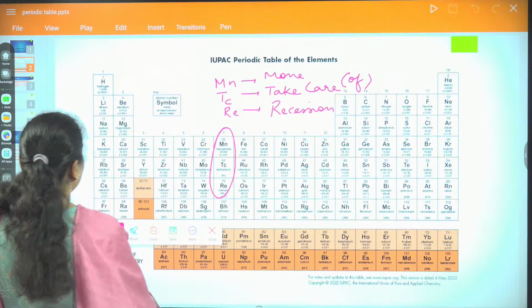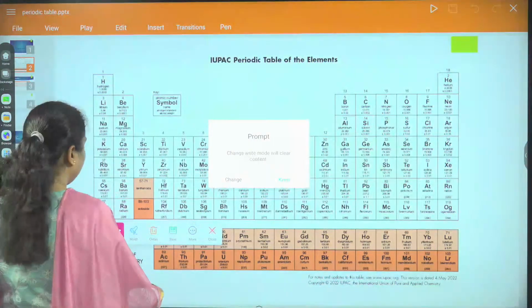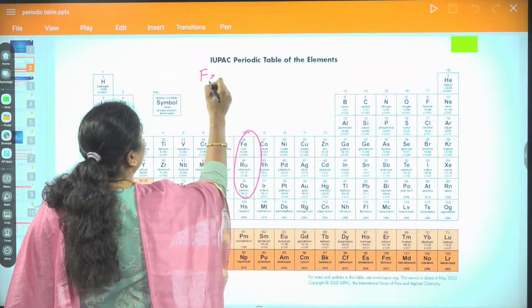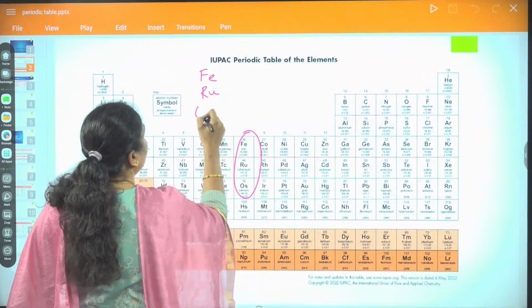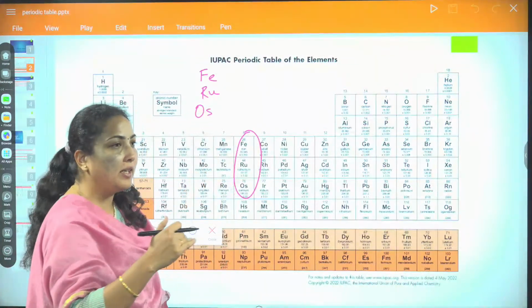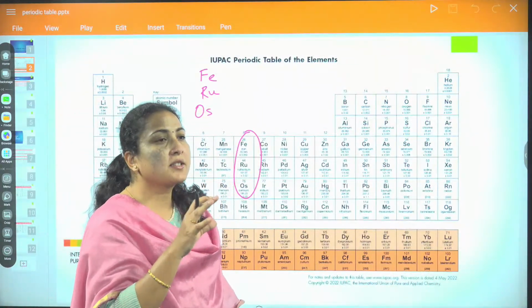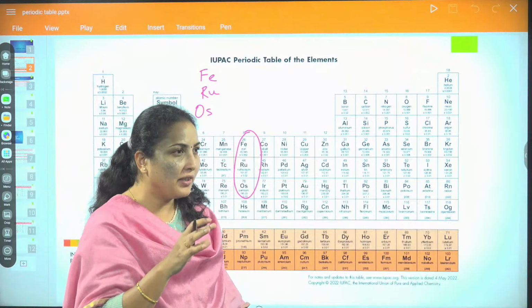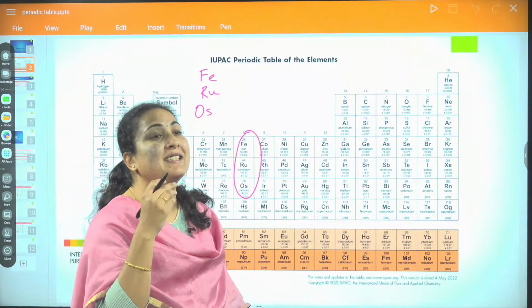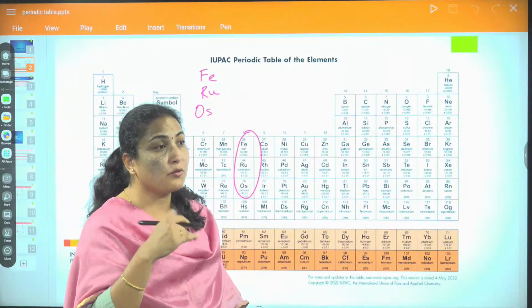Okay, good. Now, next we are having this one, Fe, Ru and Os, right? Basically you think that you observed the rusting of iron, and you are telling your sir that this rusting phenomenon gets enhanced even in presence of more oxygen.